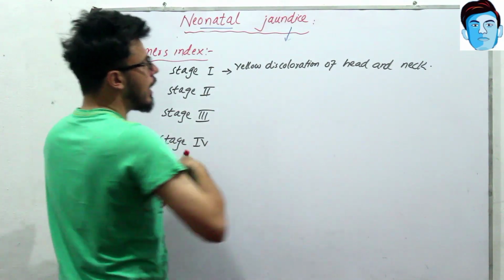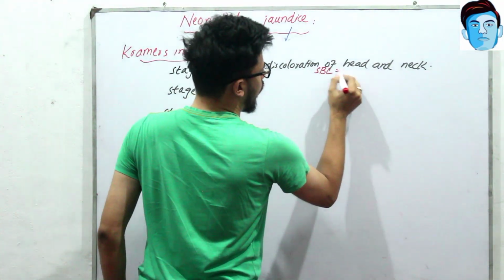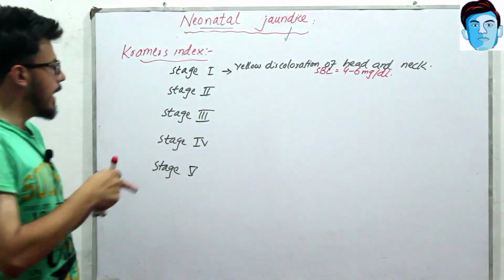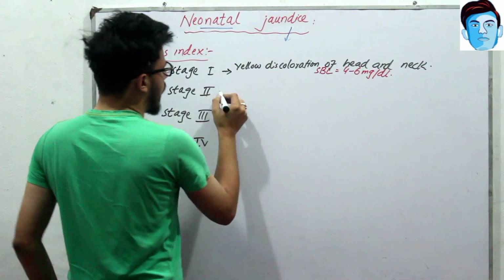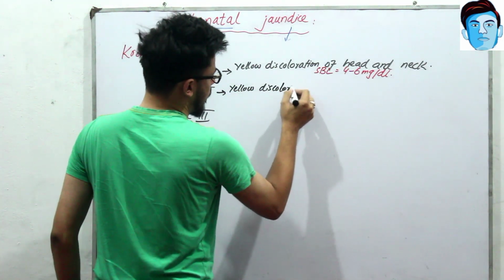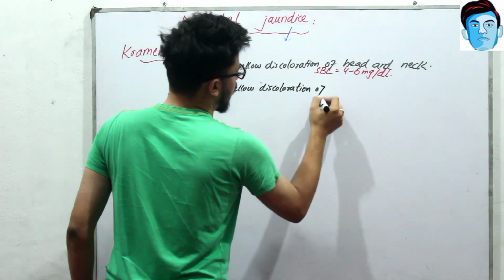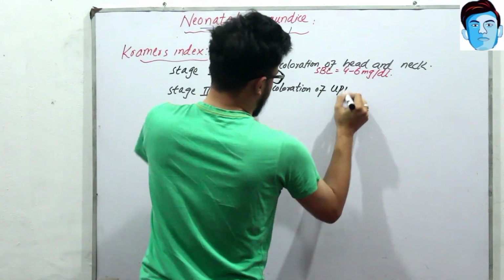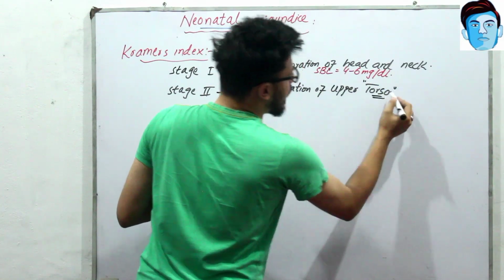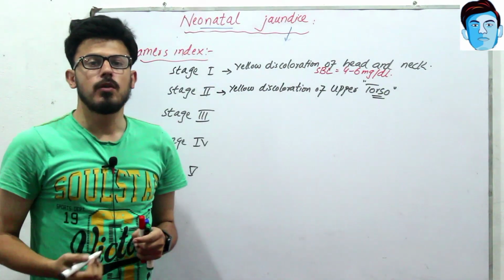Here the serum bilirubin level is 4 to 6 mg per dl. In stage 2 the yellow discoloration is localized to the upper torso. Torso means the main parts of the body like chest, abdomen, pelvis and back.